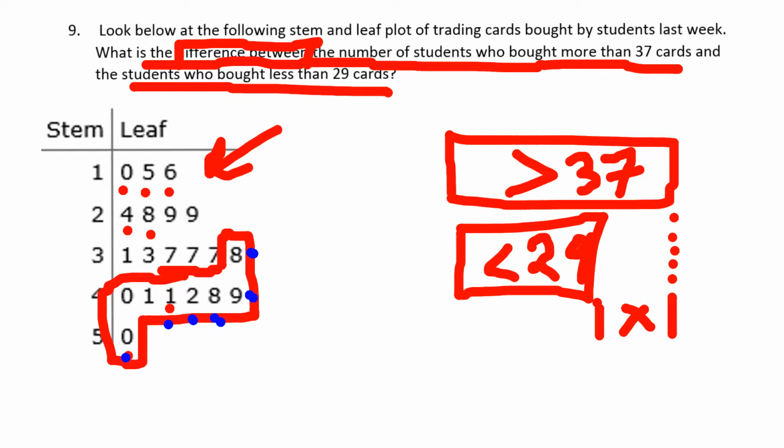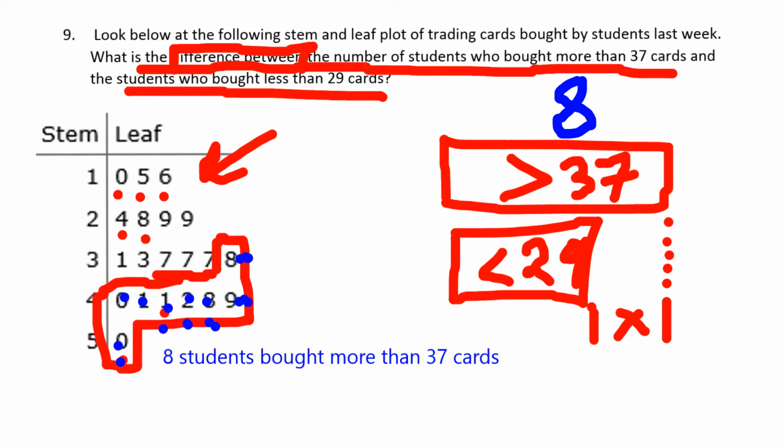So if I want to know the number of students who bought more than 37 cards, I have to count: 1, 2, 3, 4, 5, 6, 7, 8. 8 students bought more than 37 cards. We already have that number, 8.